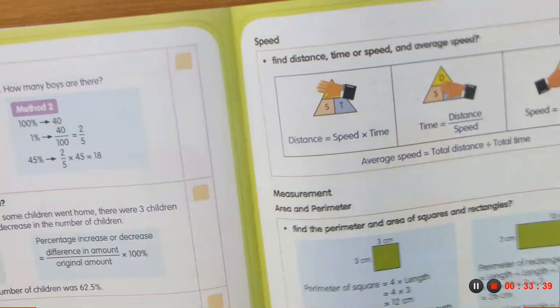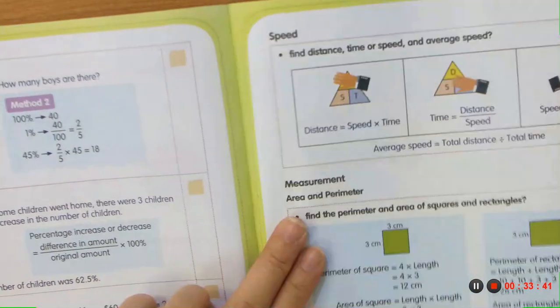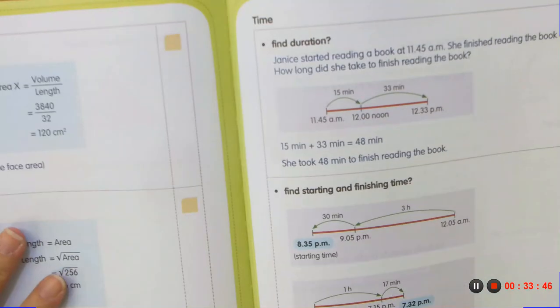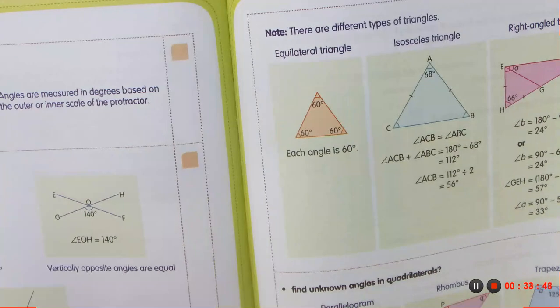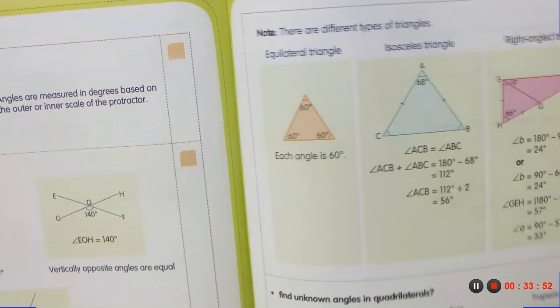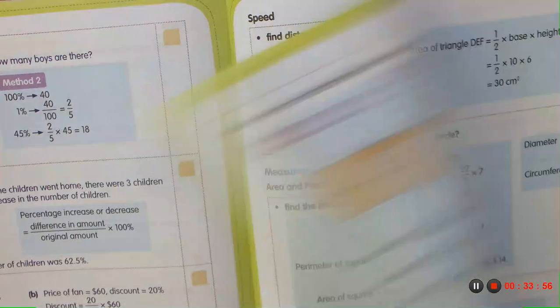Can you see area and volume? Measurement chapter: 1, 2, 3, 4. Then geometry: 1, 2, 3. This shows that these components are heavy in your PSLE exam. And of course, not to forget the biggest, fraction.